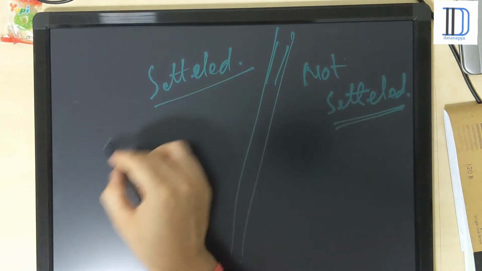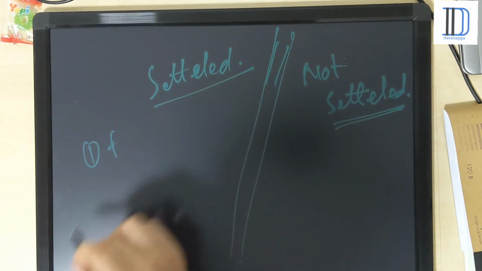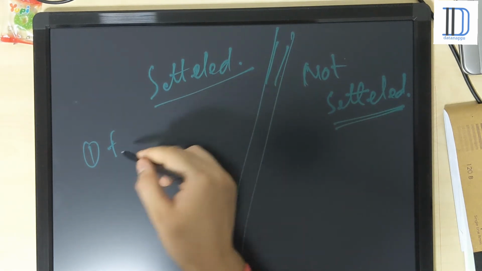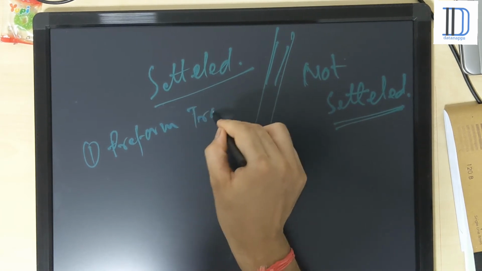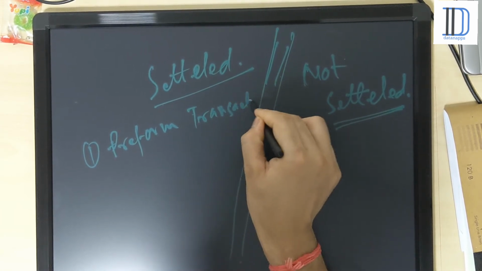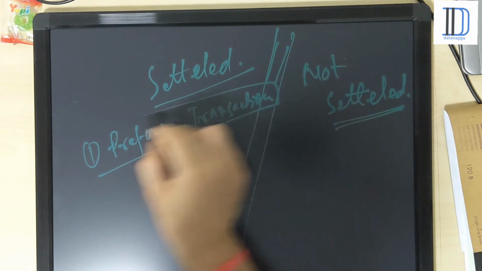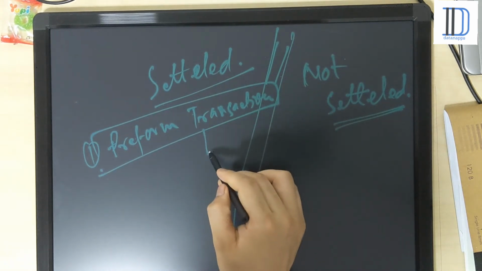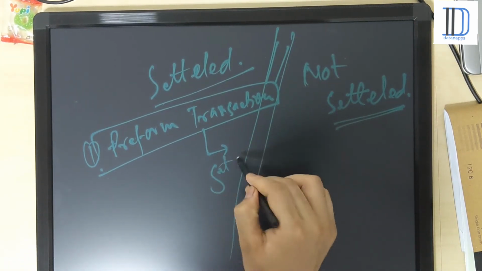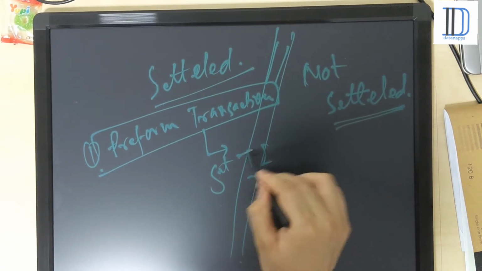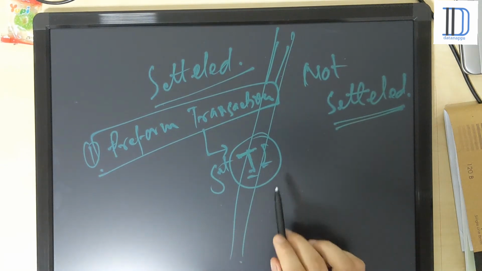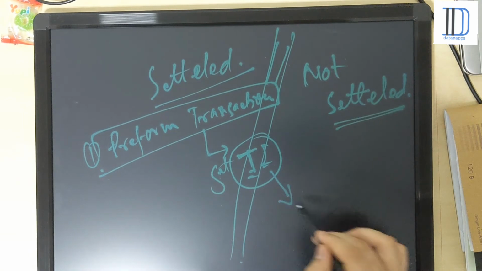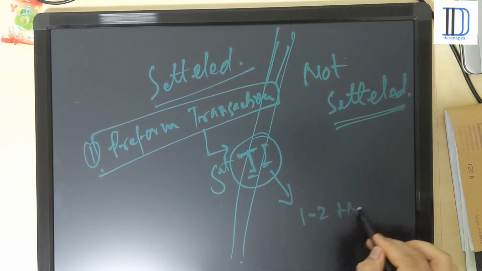When you perform a transaction, you will get a transaction ID. This transaction ID is not settled at the starting time, and it will take some time to be settled, like 1 to 2 hours.